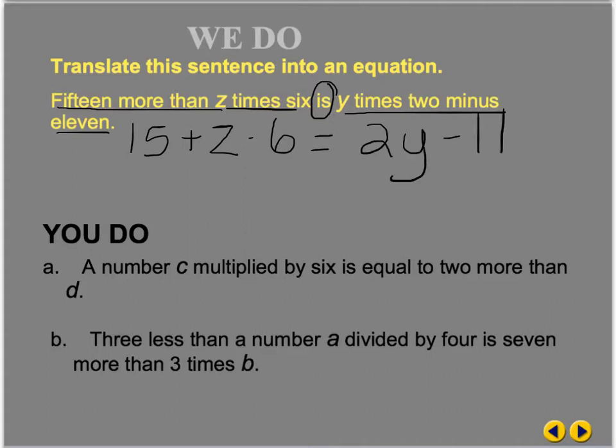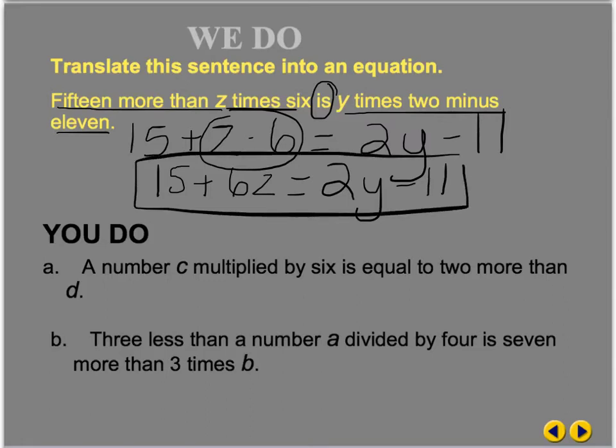Z times 6 looks a little weird, so I'm going to change that to 6z. So I have 15 plus 6z, because that really is 6 times z, equals 2y minus 11.